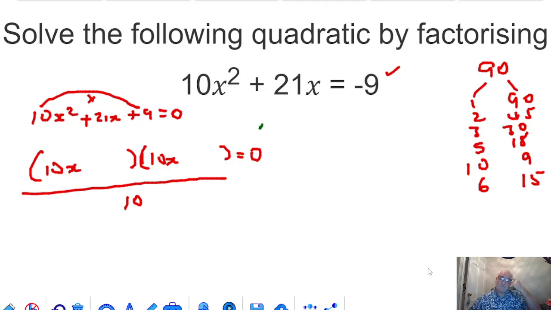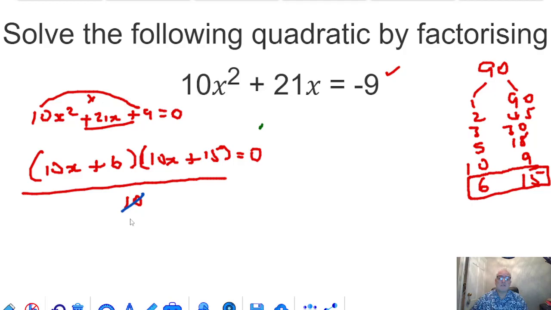So, seeing which one we're going to use, I need to make 21. The last one should be screaming out to you, 6 and 15. So I've got plus 6 and plus 15. If I'm dividing down by 10, 10 won't go into both of the numbers, but we can factorize out some of that number.